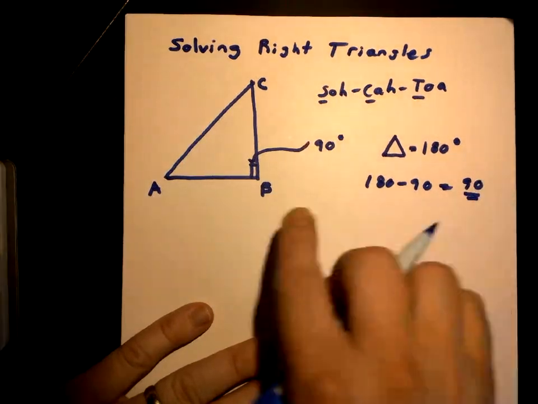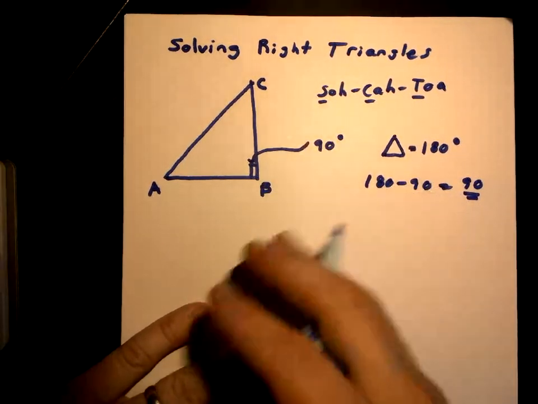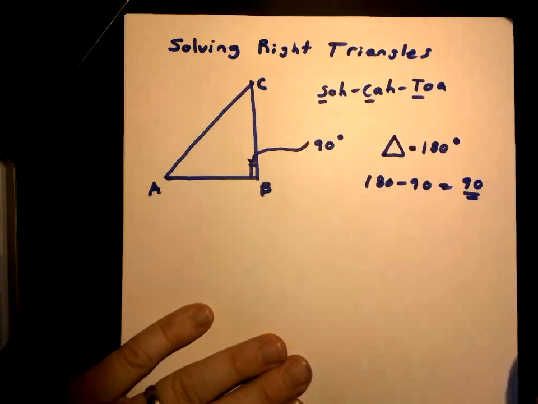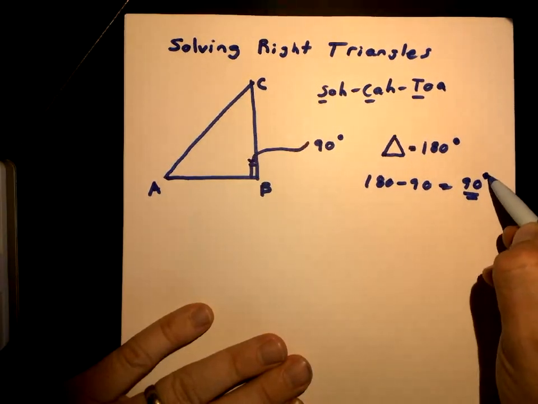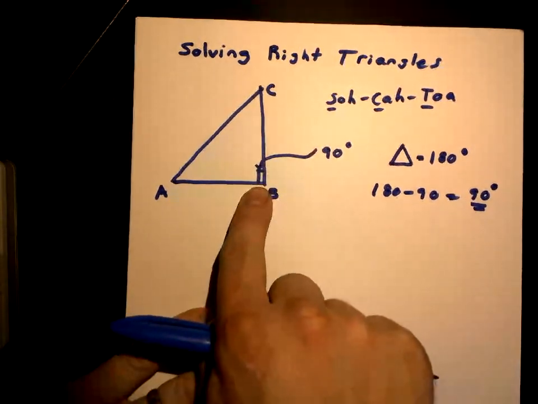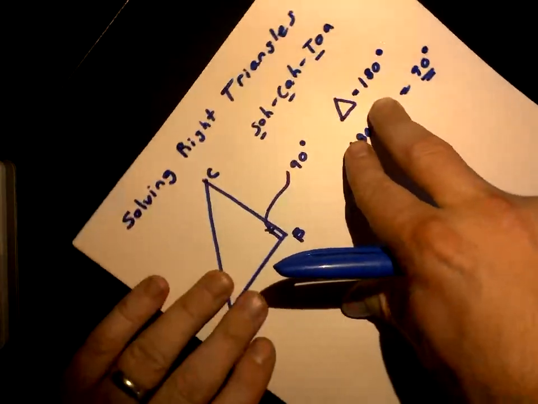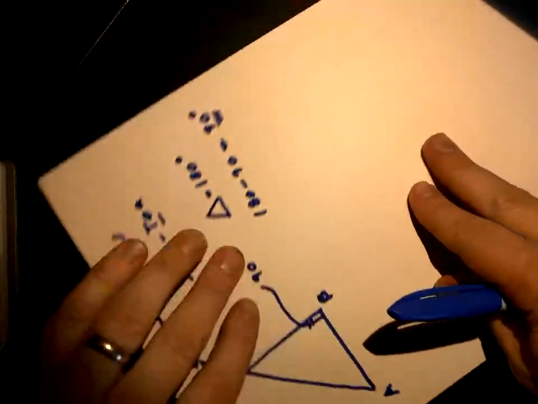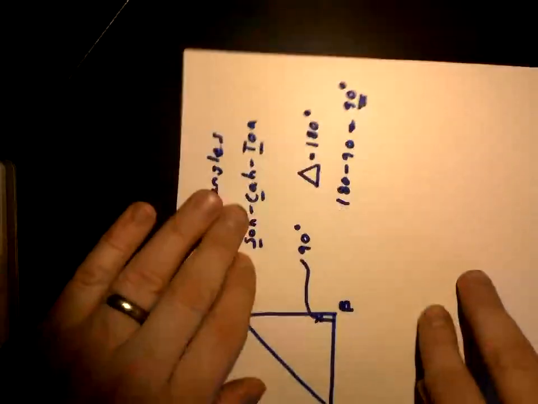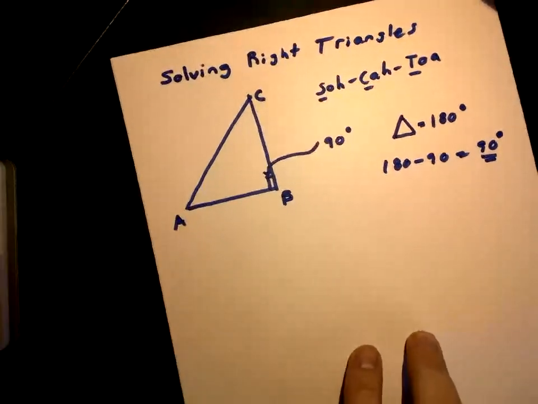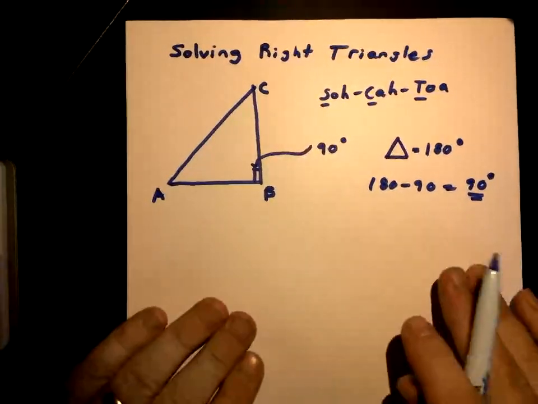So we have a 90-degree triangle. In order to do this, we need to make sure we have a 90-degree angle. Now, this 90-degree angle could be like this, could be like this, or it could be just like this.